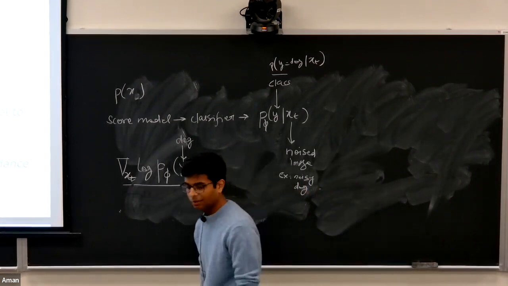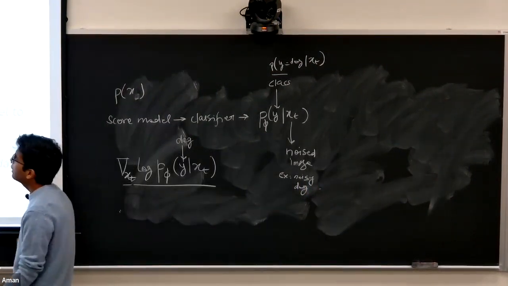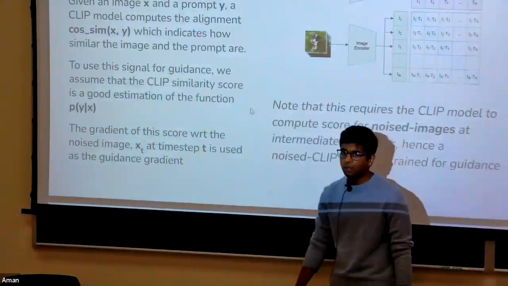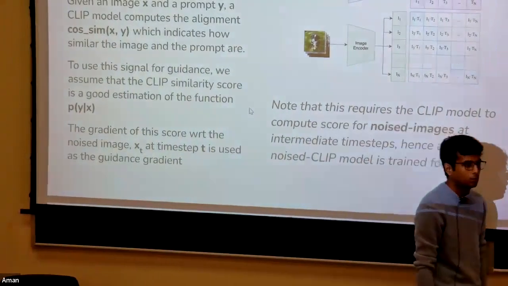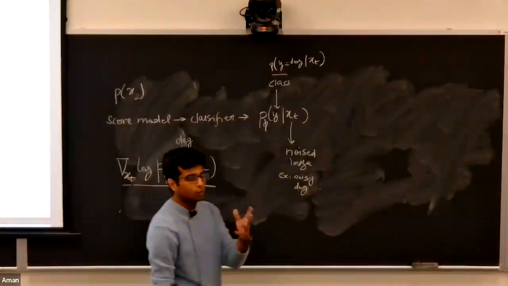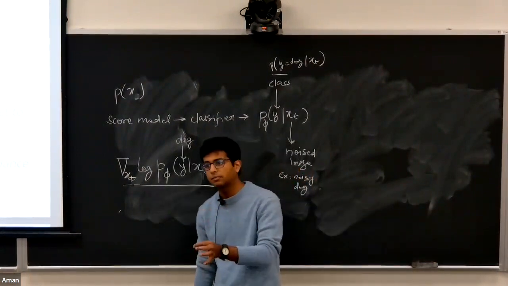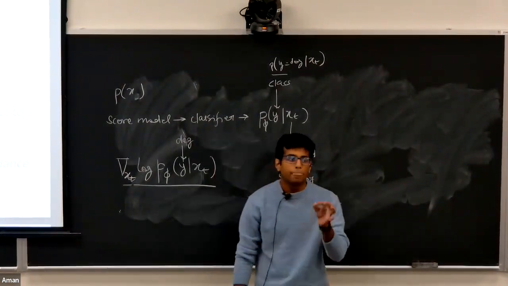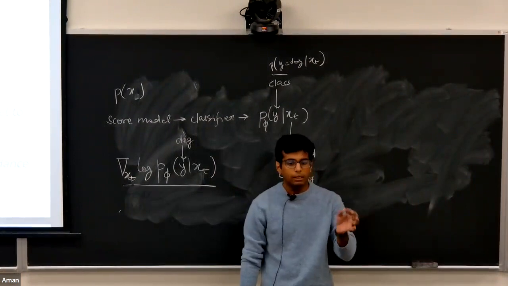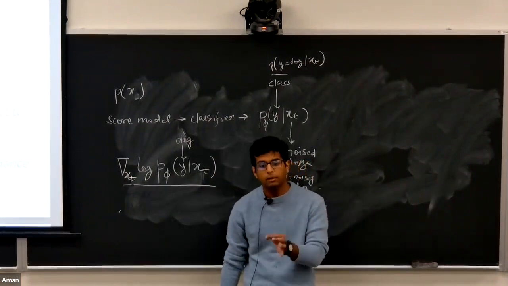Now, let's say what you want is to directly condition it using a CLIP model. So classifier guidance: what is the problem with classifier guidance? The problem is that you have to train an independent classifier, which already should know the category that you want to generate from your model.